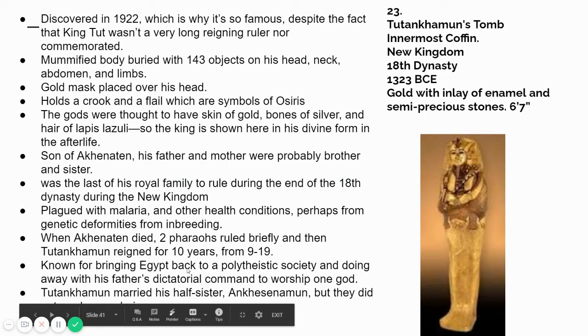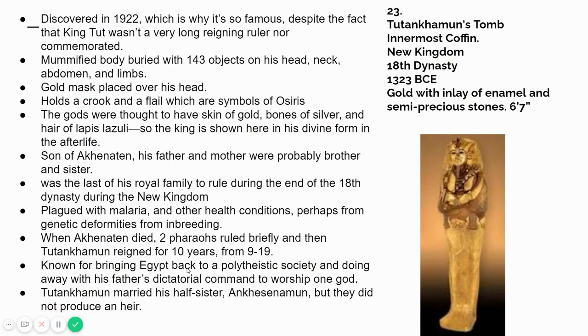But what you need to know most about this image, it's image number 23, okay? It is Tutankhamun's tomb, but specifically it is the innermost coffin that is being highlighted in our AP image. Of course, it's from the New Kingdom, 18th dynasty, 1323 BCE.